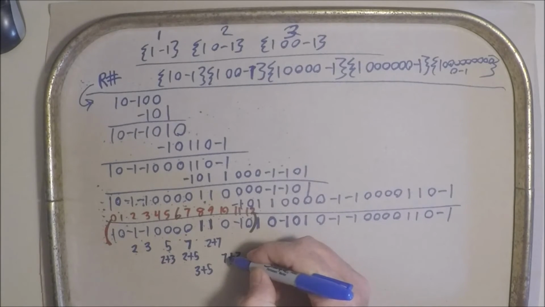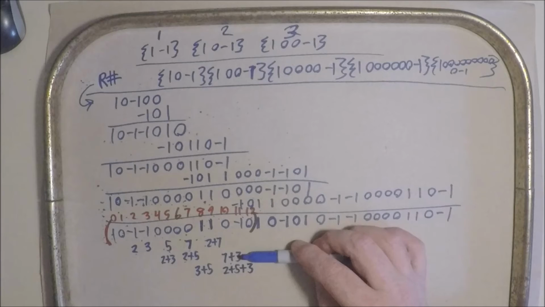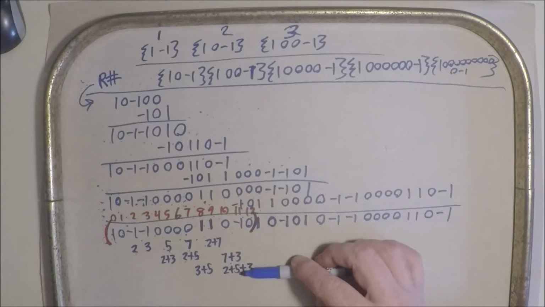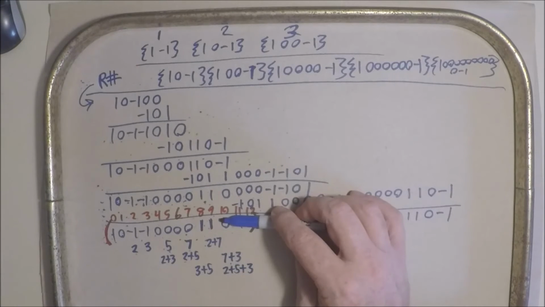So we must have a negative 1 somewhere, right? And we do, because 7 itself, going back, look, 2 plus 5, and so we have 2 plus 5 plus 3, and so we get a plus 1 for this, and now we have an odd number of summands, so we get a negative 1 for that, so we sum to 0.